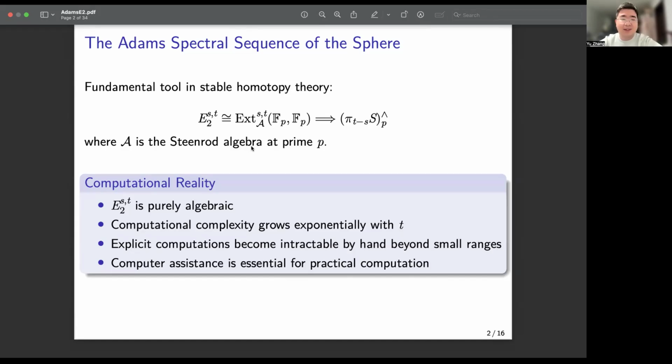However, the reality is the computational complexity grows rapidly with t. And once you start to try computing these Ext groups by hand, they will soon become overcomplicated beyond small ranges. So to compute this E2 page, we need the assistance of computers.